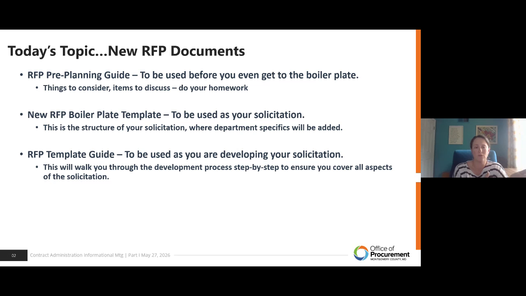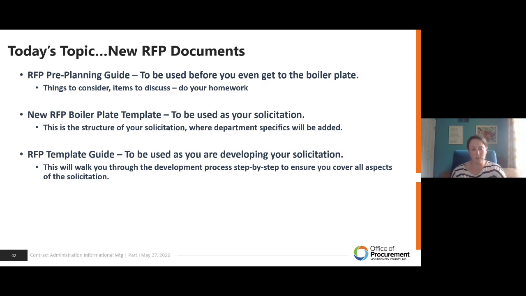This is the type of stuff you need to do as your homework beforehand. Then you've got the new boilerplate template, which is your actual solicitation document that y'all are all used to. It looks different, mostly just because it's organized in a little different way, but that's going to still be the structure of your solicitation, and that's where you're going to be putting your department specifics into.